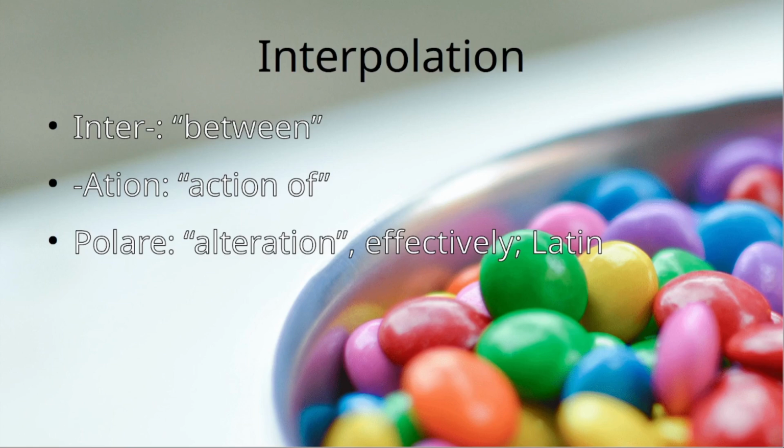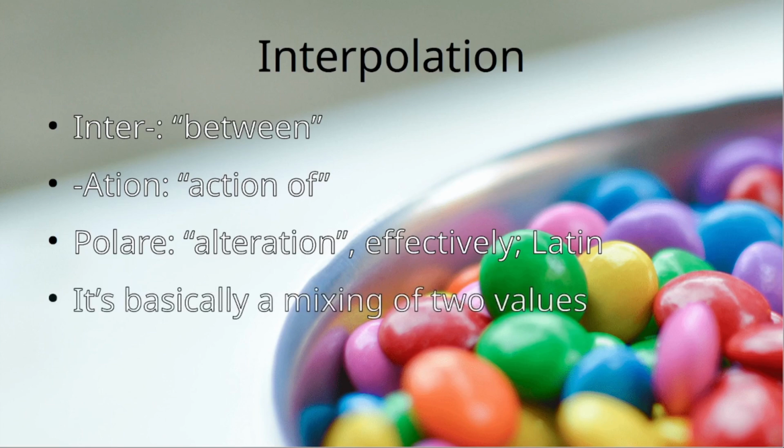So between, the act of altering between two states. So basically a mixing of two values. You give it one value, you give it another, a basis and a target, and the extent between the two, and it approximates that via an internal function.